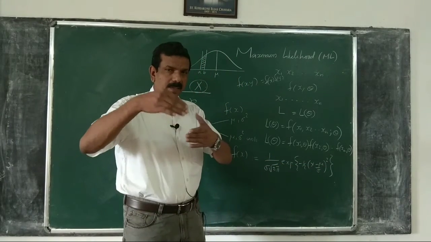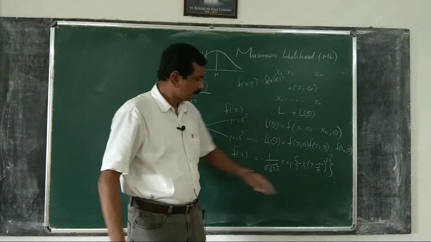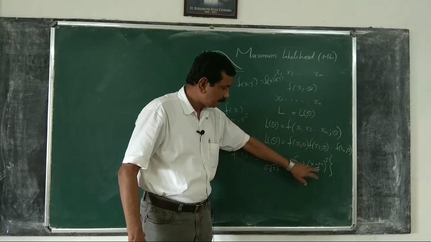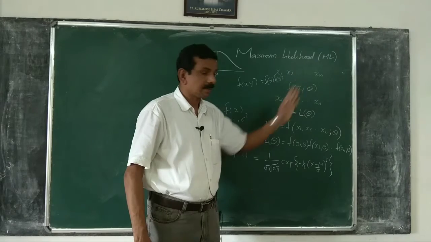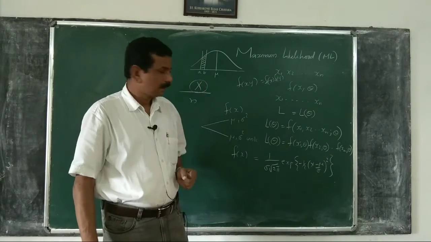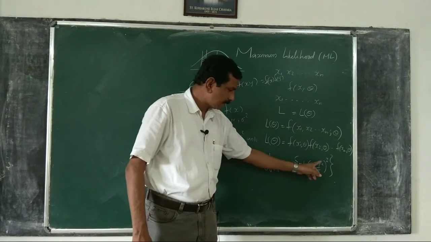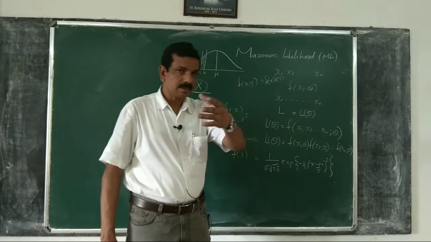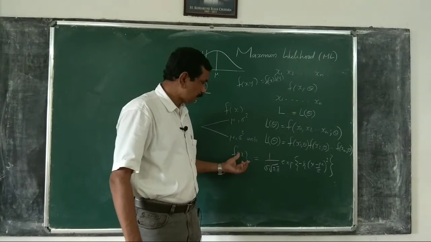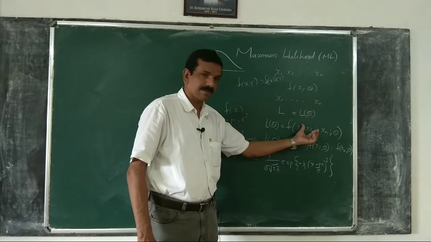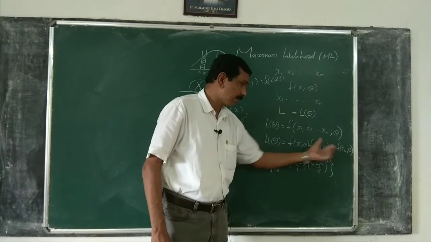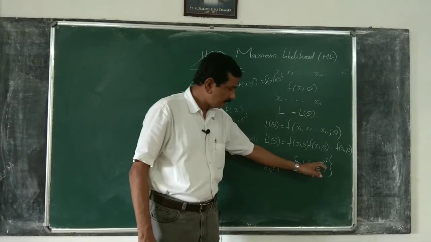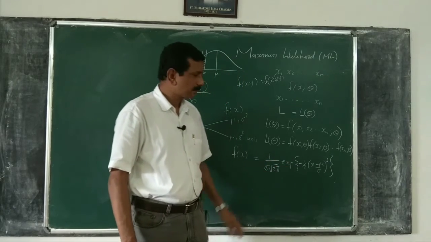So the method of maximum likelihood is simple. The sample observations x1, x2, etc., xn are observed. So assume that you give one set of values for mu and sigma square. Then calculate the joint PDF, which is the product of individual PDFs. Give another value for mu and sigma square.